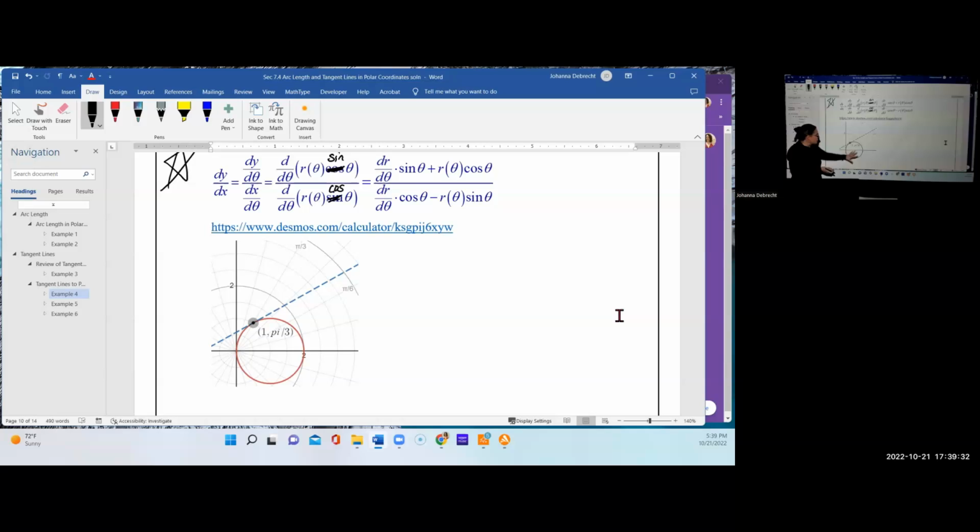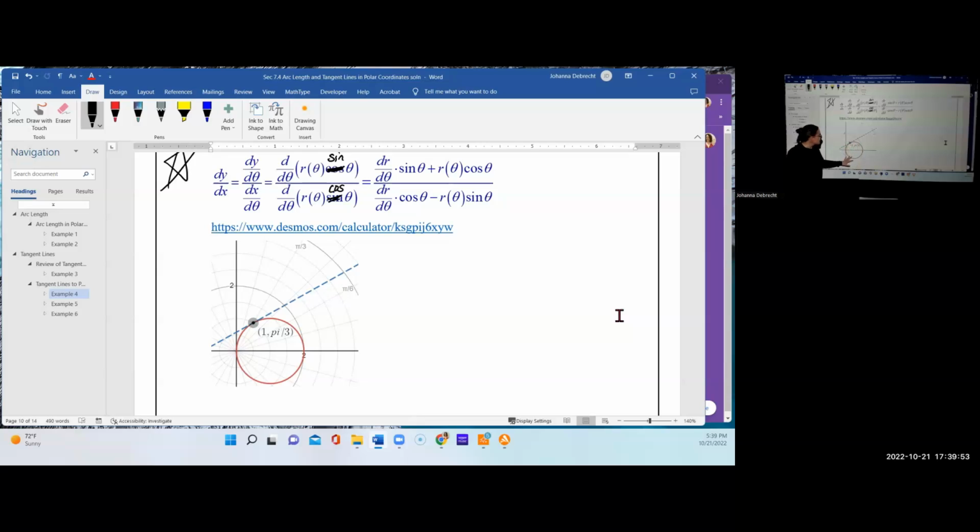You'll see this picture. The graph of, what was it, I can't remember now what the equation was, r equals 2 cosine of theta. When you're looking at that particular graph, it's a circle, right?